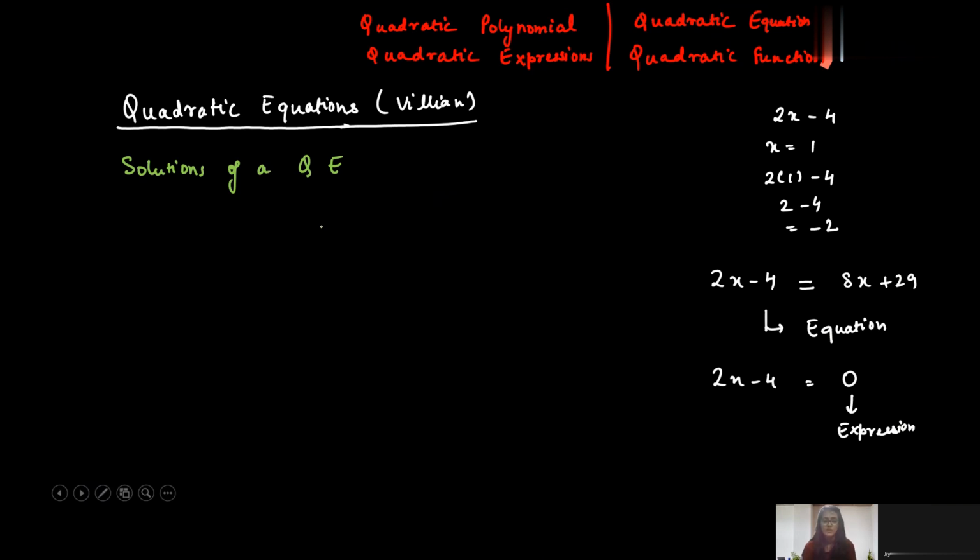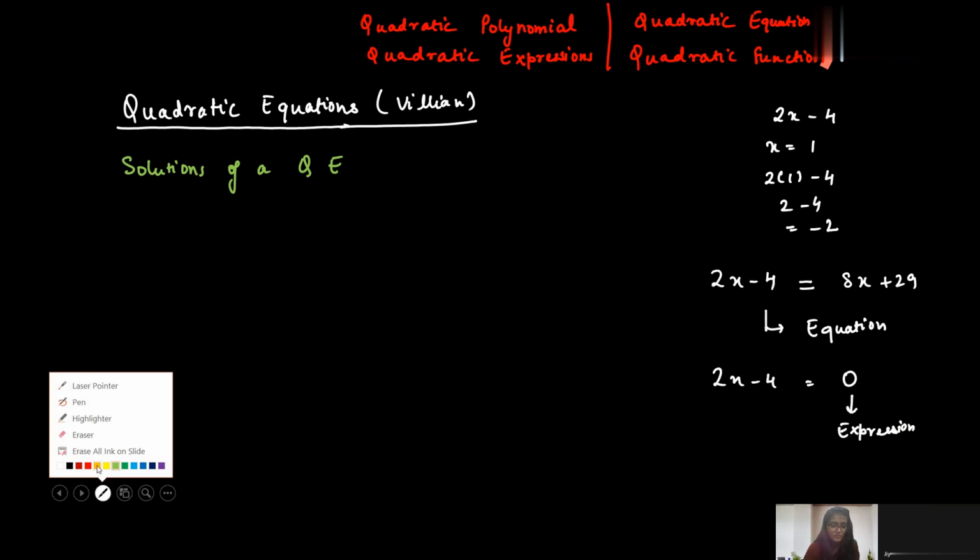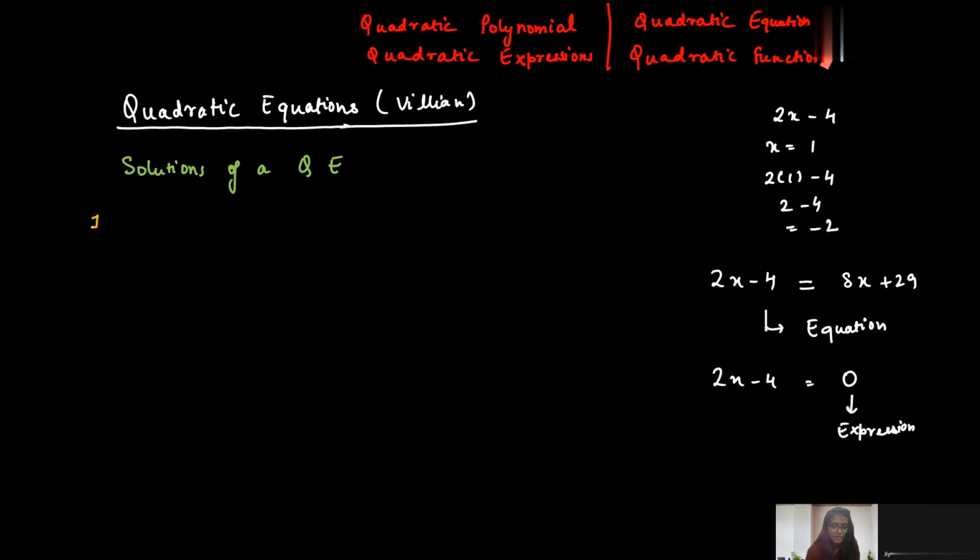So Gia, there are 3 ways to find out the solution. First, which we have done already, is finding out the square root. That's the easiest case. Second, that we'll do today, is using the discriminant.